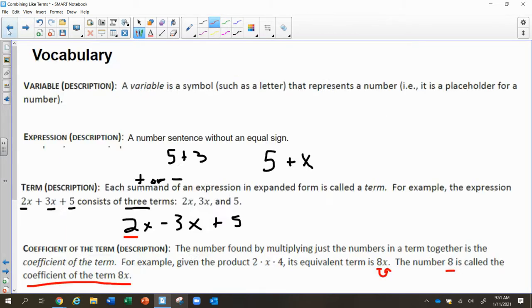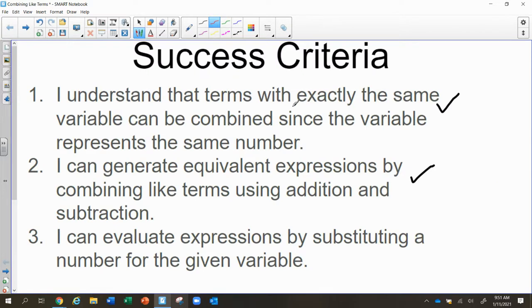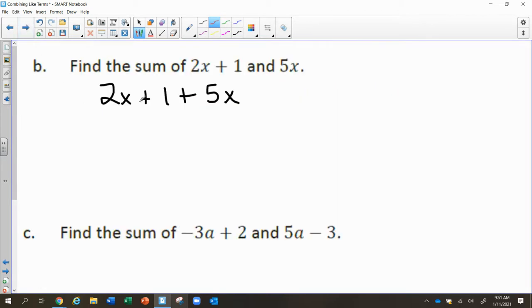Because if I go back to that success criteria, I can only combine terms with exactly the same variable. So if I look, I have a 2x plus 1 plus 5x. Well, I can see that this 2x and this 5x have the same variable. So using what I know, I can combine 2 and 5. I can combine those coefficients and get 7x.